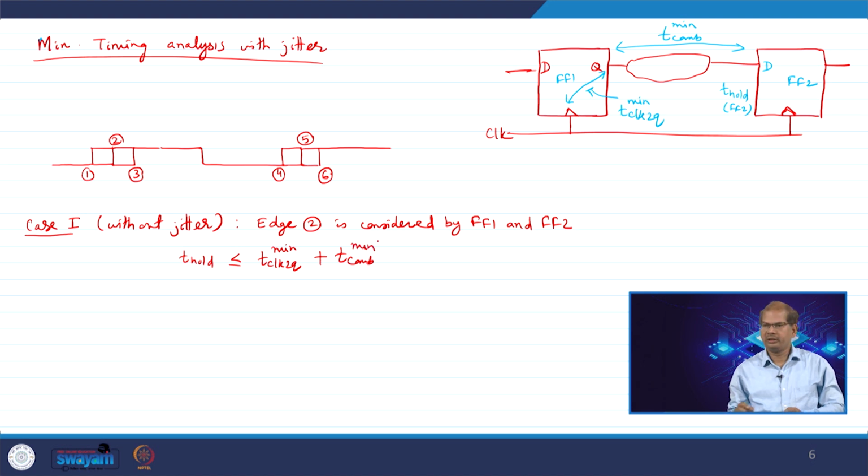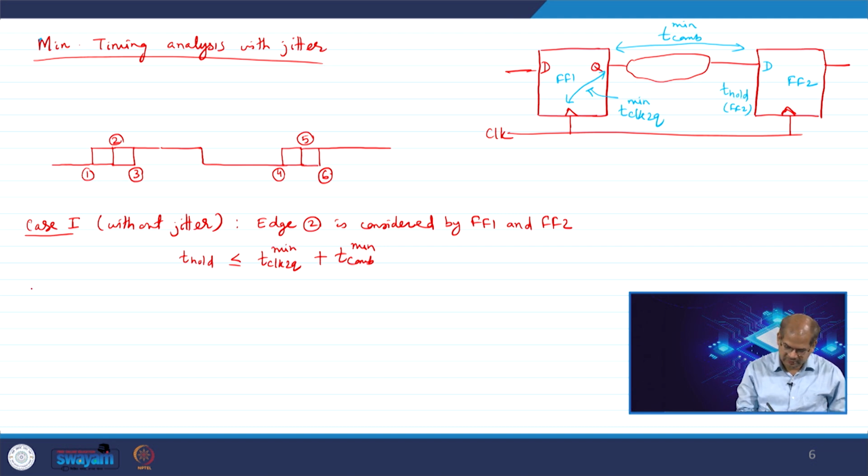So, your hold time does not depend upon your time period. It is independent of time period. This is the constraint whenever there is no jitter, and we need to consider edge 2 only.